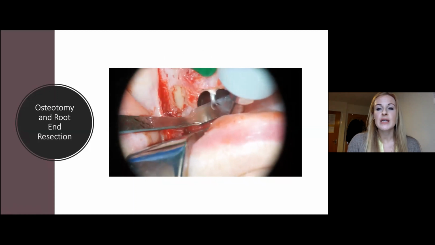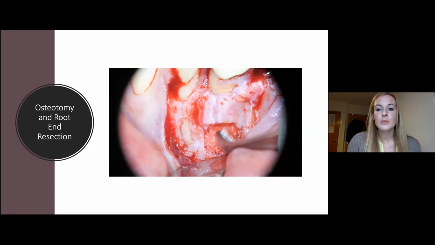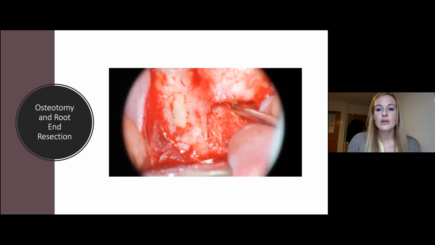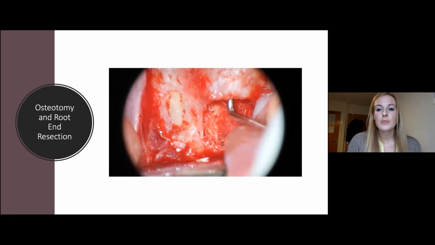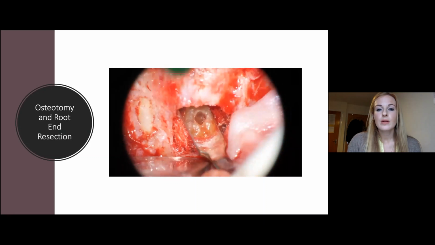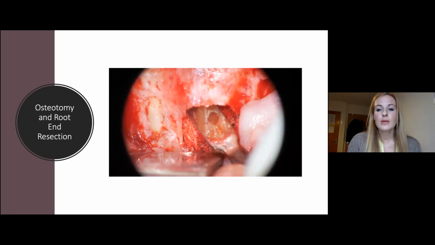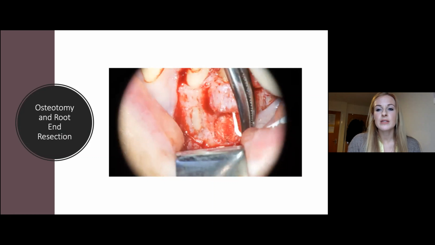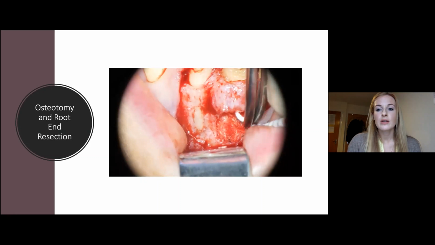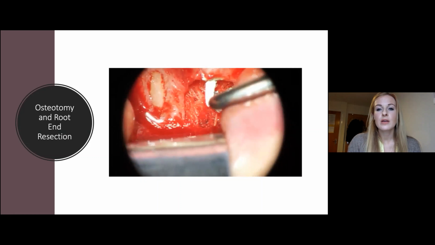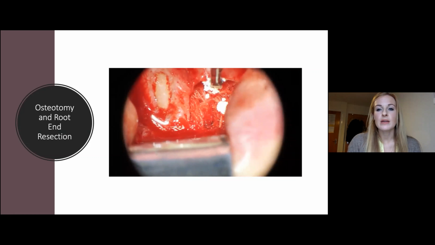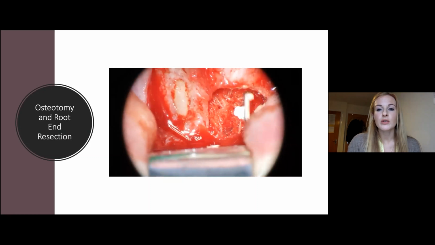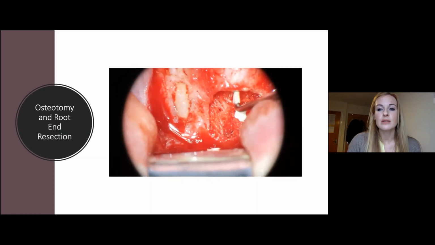An ultrasonic tip. Hemostasis being achieved. Just checking for cleanliness and drying the root end and placement of MTA in a retrograde fashion to provide a good apical seal.